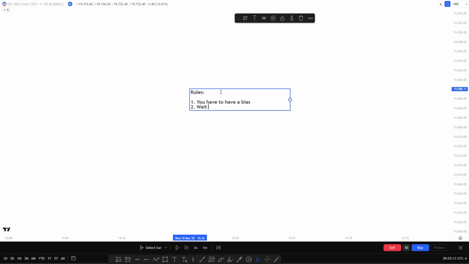Second, wait for displacement, the displacement slash fair value gap through the first presented fair value gap in the direction of your bias.